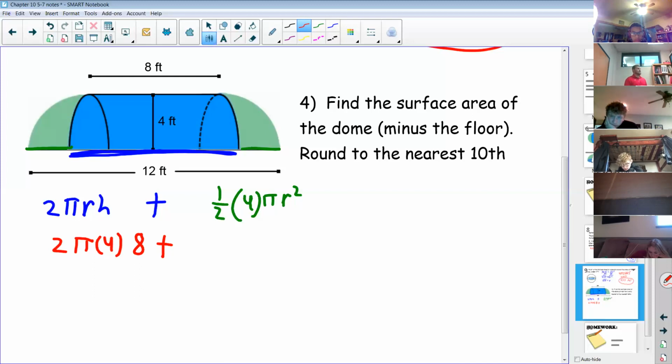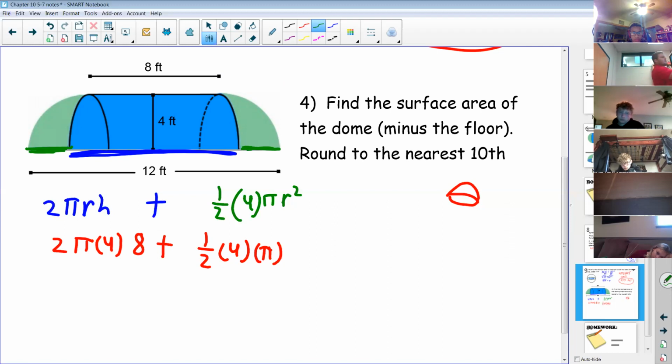Then we move on to our quarter spheres, or our hemispheres. We'll have 1/2 times 4 times pi, and then we need our radius. Well, our hemisphere, kind of a rough, that's not going to work. I have to draw it differently. That's our rough hemisphere right there. And the distance across is this green right down here and this green over here.